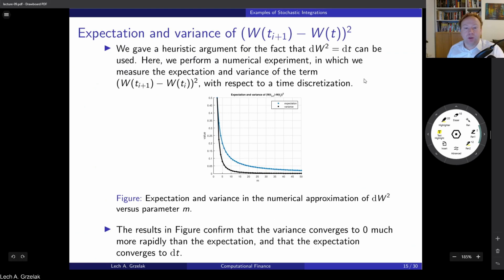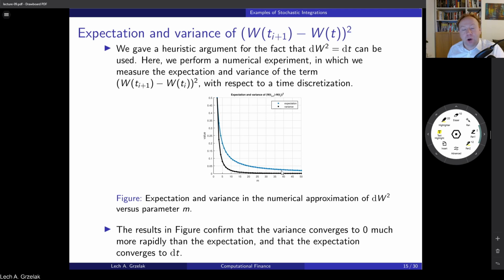And this is what you can also see in this experiment here. I'm not going to go through the code. The code is available in the book. Here, m is the number of time steps: for a given grid, how many divisions we will have. So we make the grid size smaller and smaller, and the blue line is the expectation.